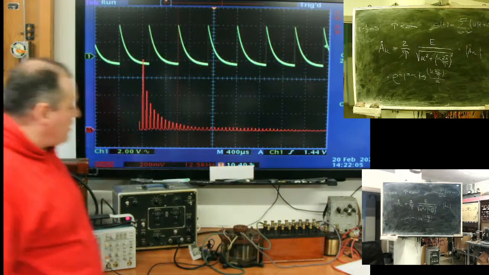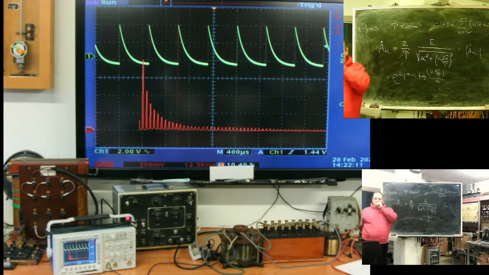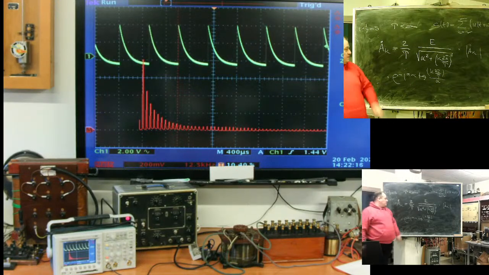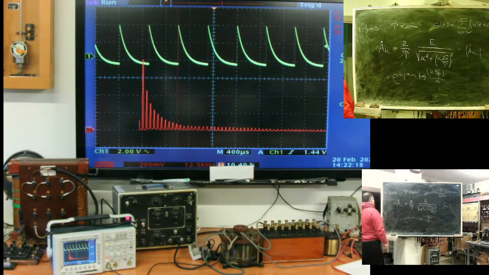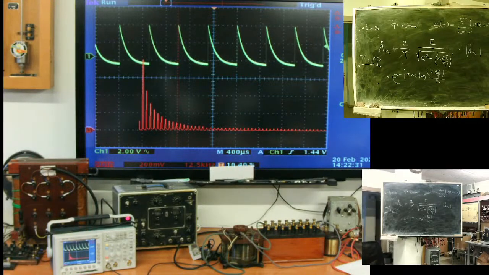Now, what will happen if I change the period twice? How do you think? What will happen? I will take, let's say, 3 as double period. What will happen? Any ideas? How will my signal change in frequency?